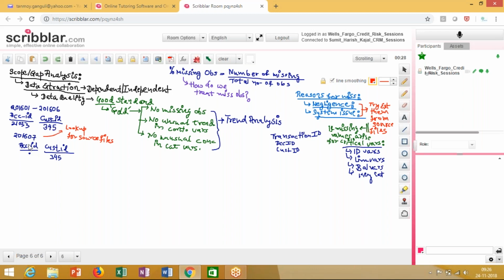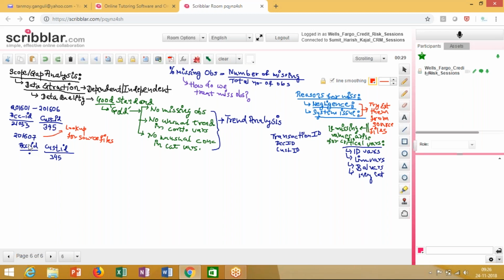This also happens for cases when there are credit limit increases. So a new account ID may be generated against that borrower with the new limit and the new product, mostly for credit limit increase in credit cards. This happens for product upgrades too. So suppose I was using a mass product, now I have gone to an advanced product.